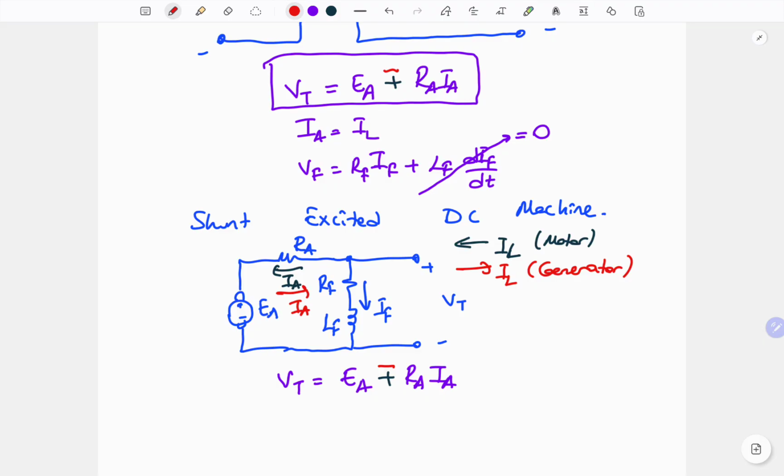For the second expression of the shunt excited DC machine, we can continue with the current relations. If you write Kirchhoff's current law for this node, you can write IL equals IA plus IF.